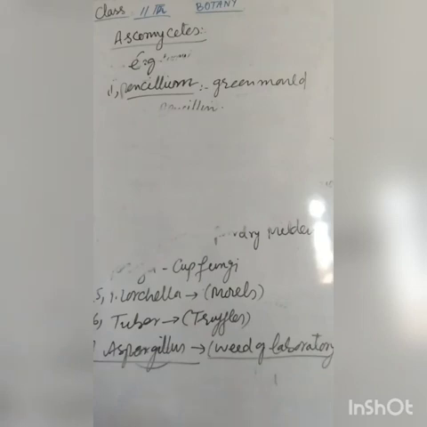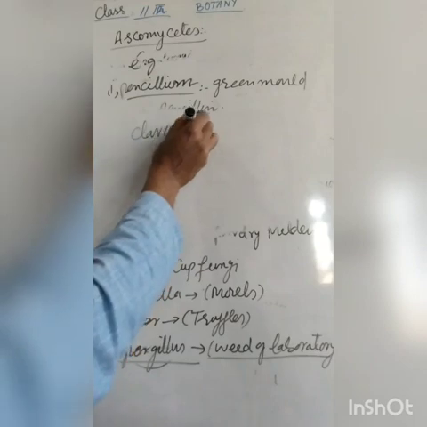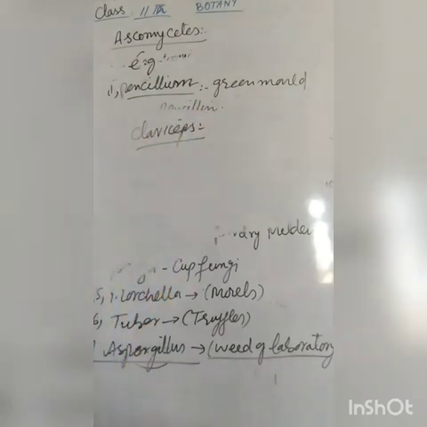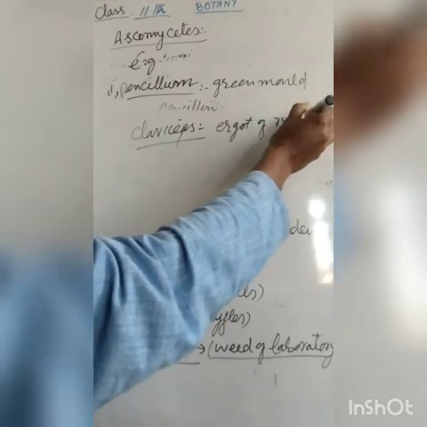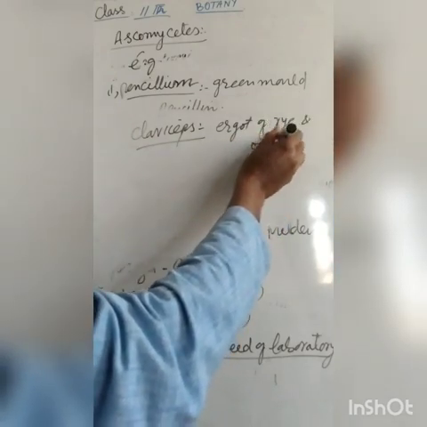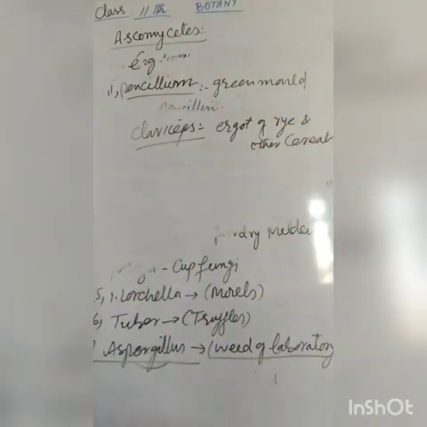There is another called Claviceps. Claviceps causes the disease called ergot disease, or ergot of rye and other cereals. Rye is a cereal.